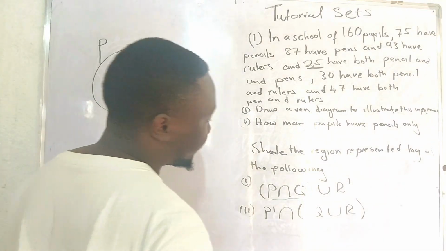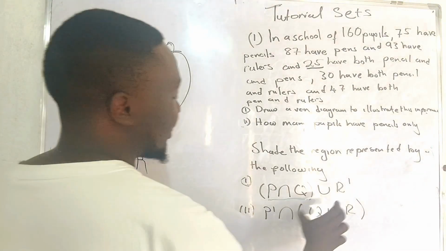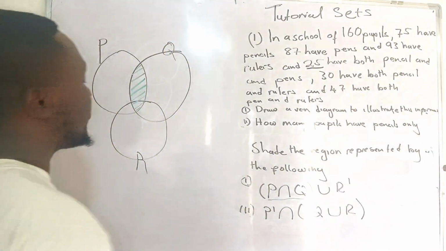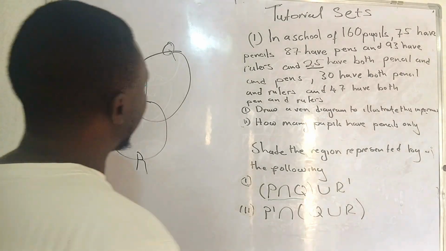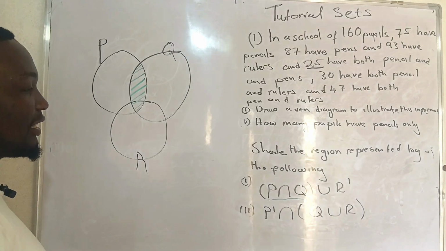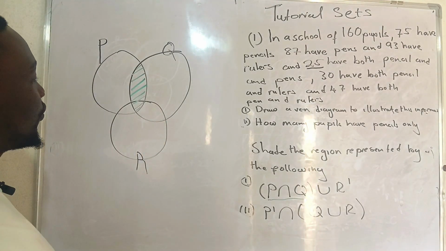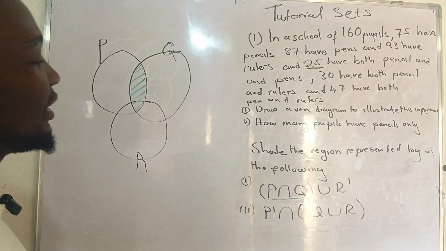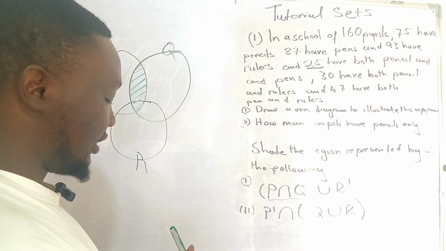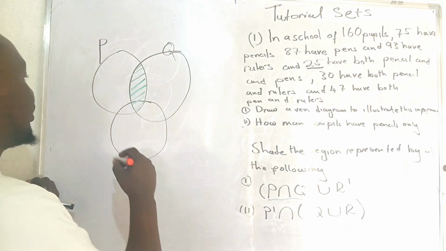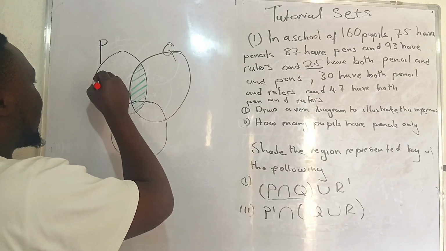And after that, you're told to shade all the region that is outside R. This is R complement. You're told to shade all the region that is outside the union of this intersection and R. All the region that is outside their union. So I will take a red pen and shade that region like this.